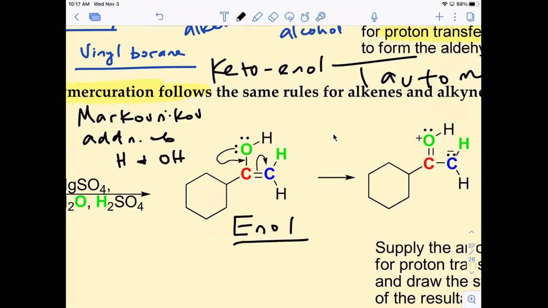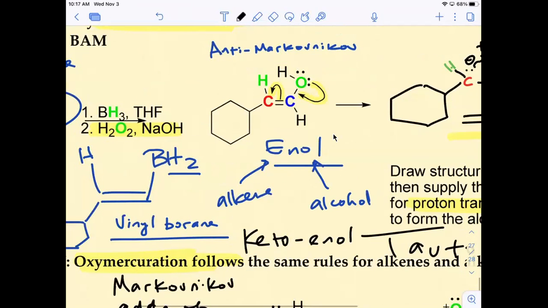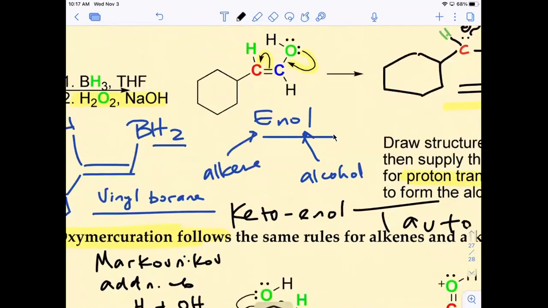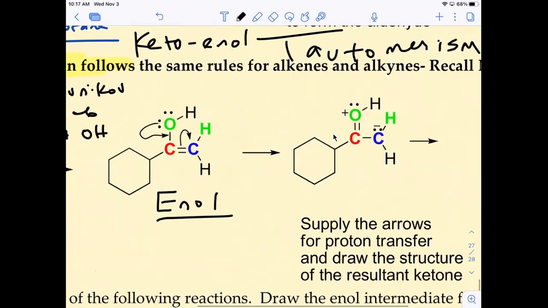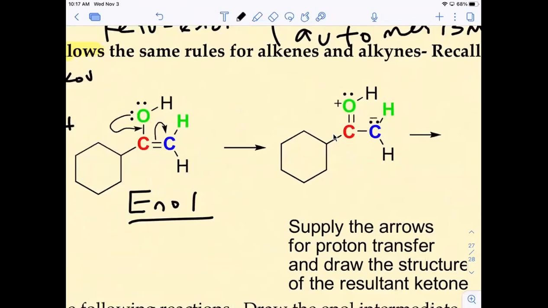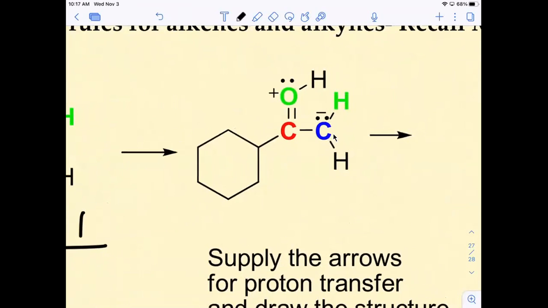It's called an enol. Just like up here. Same thing. It's an enol. Right? And then that is going to rearrange to give you this species.